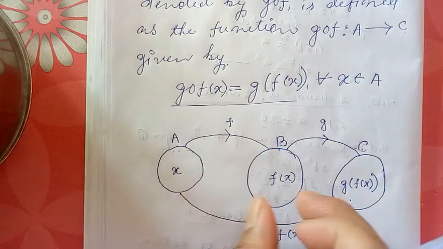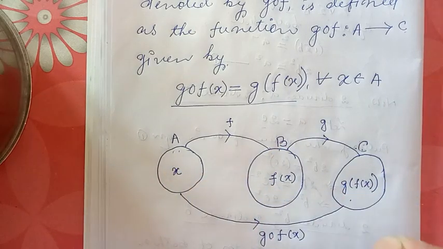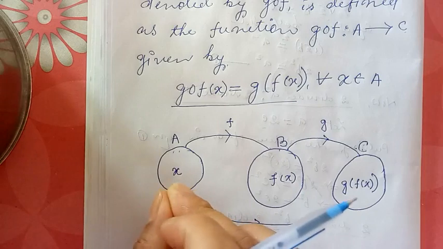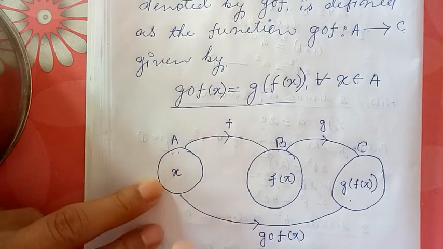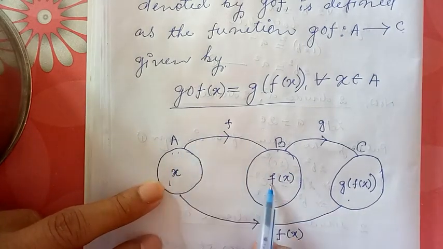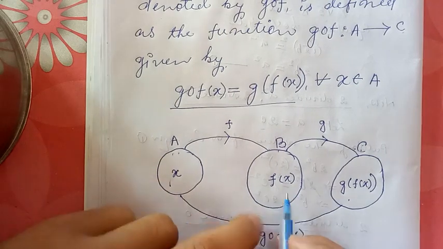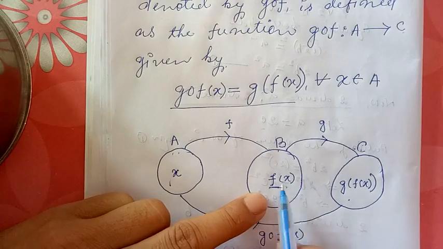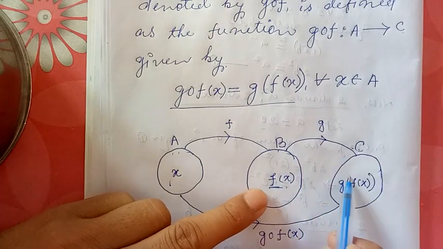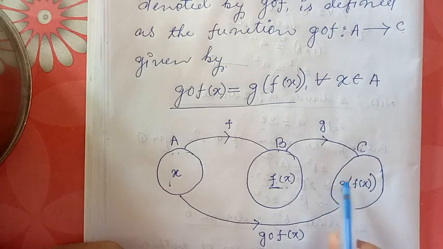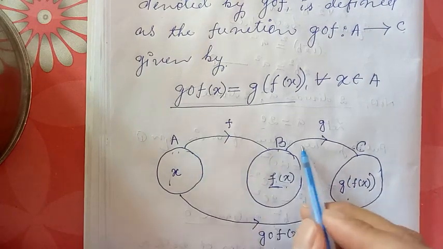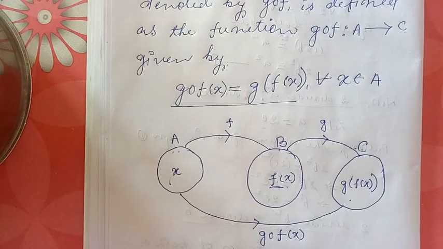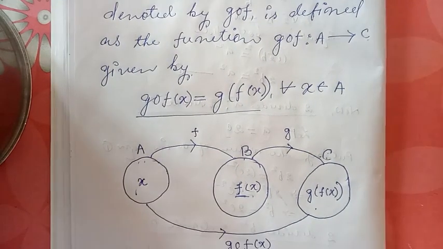This is like setting up machines. The raw material x is put in here, then it goes to another machine, which makes the product f(x), and this is transferred to another machine that gets the final product. This setup is called g o f. So many times we are not interested in the middle process; we are interested in the final product.